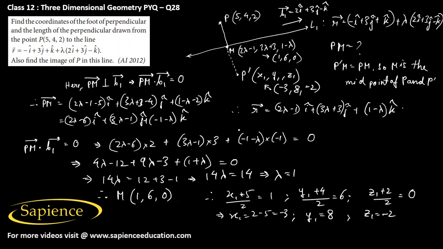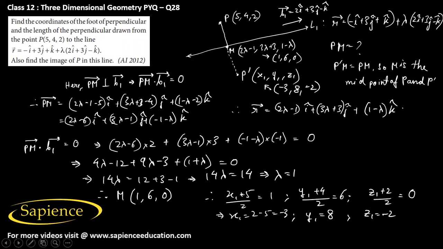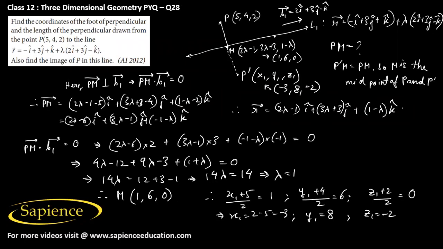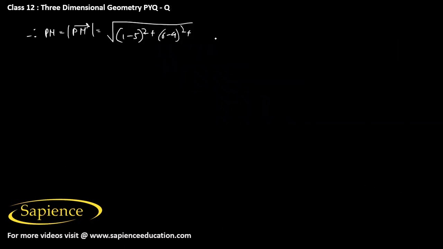Then we have to find the length of the perpendicular. Therefore the length PM that we have to find is equal to mod of the vector PM. That will be equal to the square root of (1 minus 5) whole square, plus (6 minus 4) whole square, plus (0 minus 2) whole square.